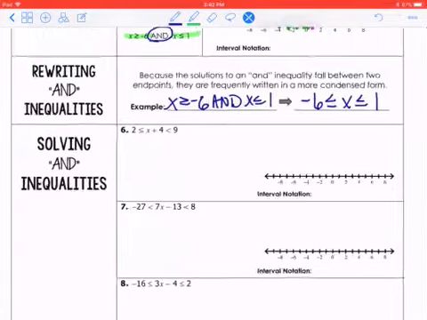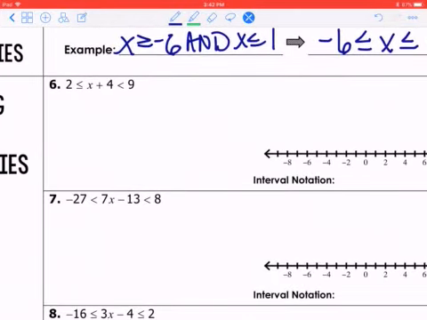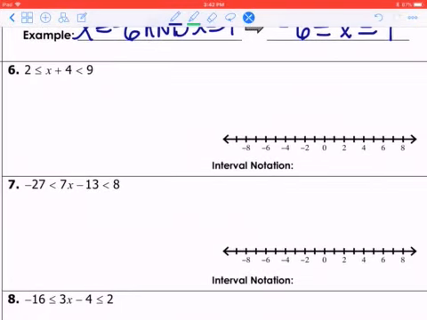Let me enlarge this just a little bit. So if we look at number 6, and everything else still stays the same, when we solve, we're going to use the same rules. So now, when I look at my inequalities, I'm going to go from the number until I get to the next inequality. Okay, this is a little something tricky here.